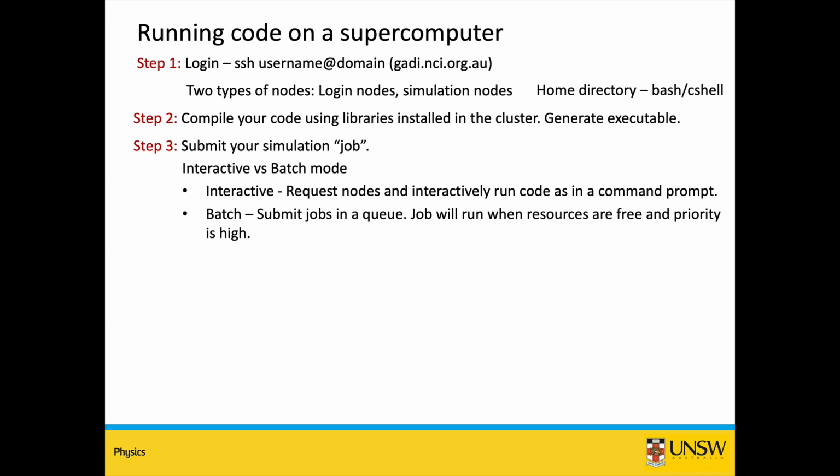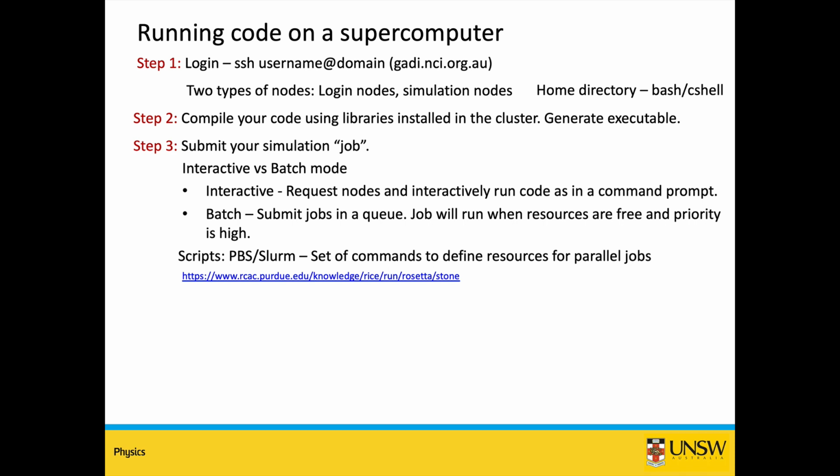So when you are submitting a batch job, you have to request the amount of resources that you need to do the simulation, how much memory, how many CPUs you need, and everything. And these things are used to determine the priority of your job. These are called batch jobs, right? They don't immediately run. They wait for other jobs to finish, and when the resources are available, then they run.